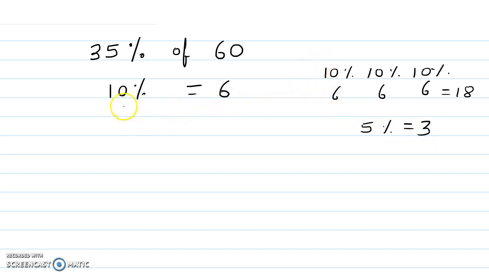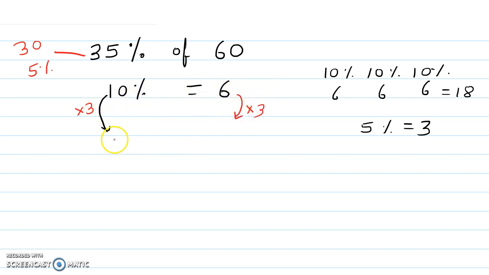But there is another way. How can you make 30? 35, if you break it into two parts, will be 30 and 5%. So we are going to make 30 by multiplying by 3. Math says there should be balance. If you multiply by 3 here, then you need to multiply by 3 here.